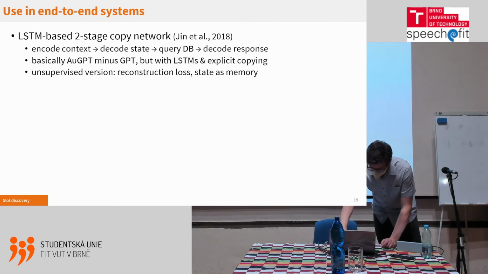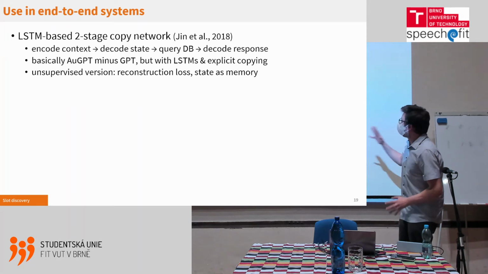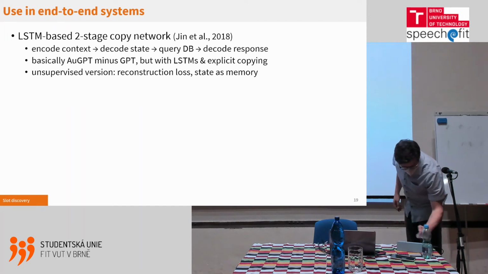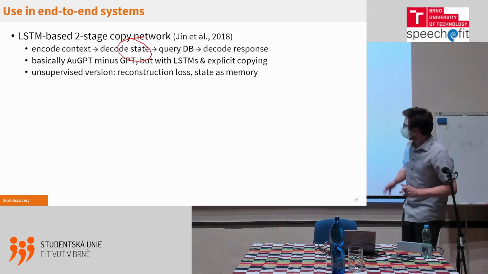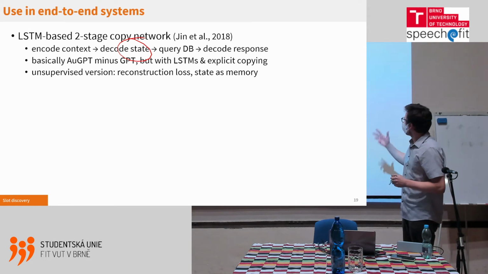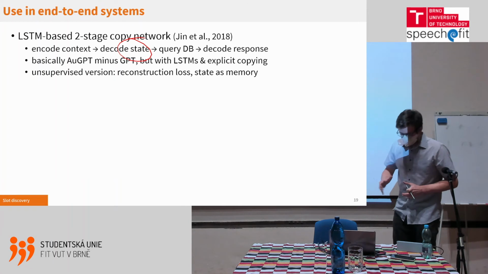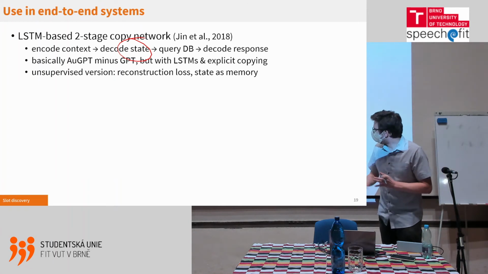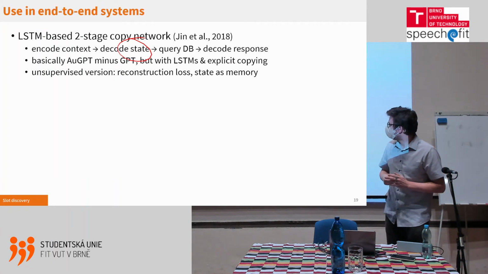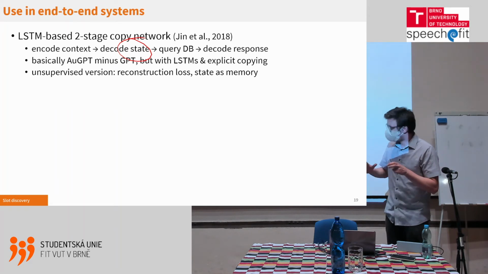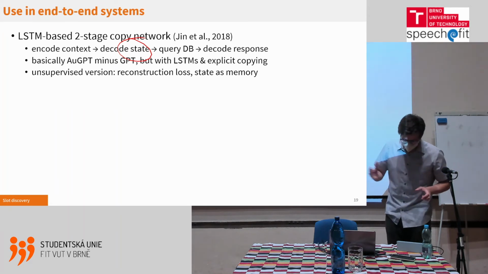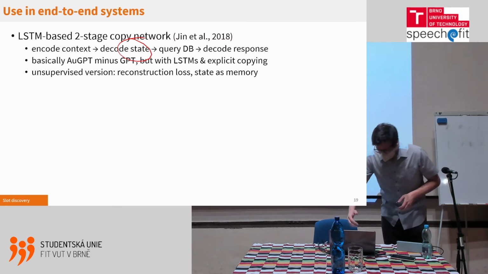And it also has an unsupervised version where the state is decoded using a specific reconstruction loss, where it has a posterior distribution and it tries to match it over the decoder.